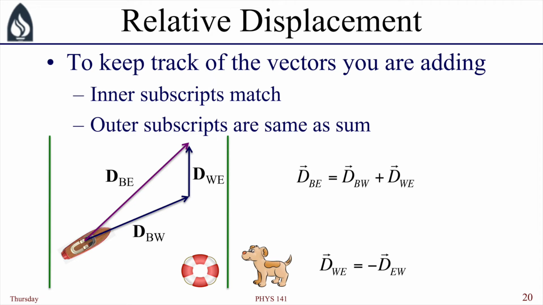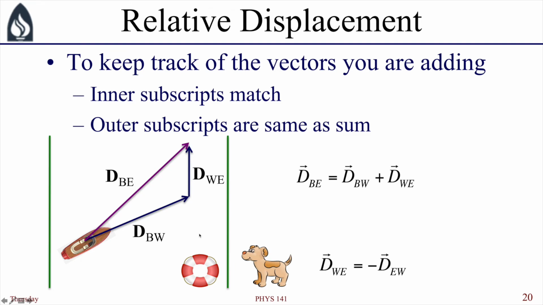If you're switching the point of view, then the other object will be moving relative to you in the opposite direction. So for example, if we have an Earth observer here on the shore, and then we have an observer in one of these floating donuts being swept along with the current, then the person being swept along by the current is moving in the positive y direction, as shown in this picture.